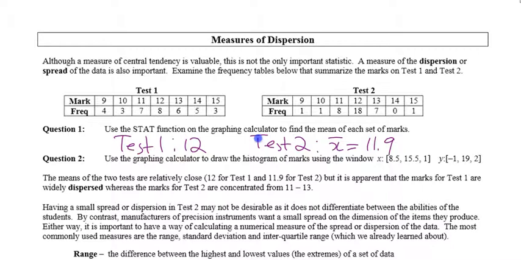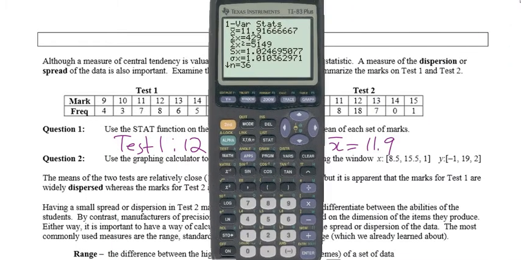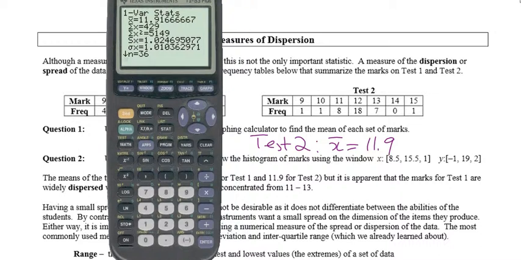Use the graphing calculator to draw the histogram of the marks using the window 8.5 and so on. Okay. So we're going to bring up the calculator. We're going to set the window. Window, 8.5, which is half a mark under the 9, right, under your lowest one, to 15.5, which is half a mark above.